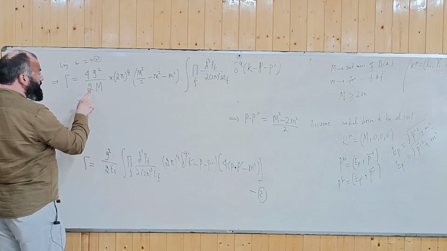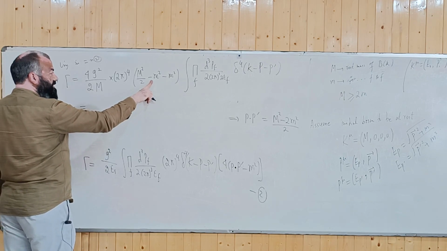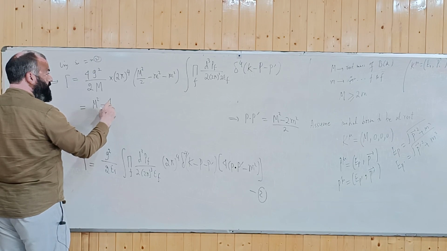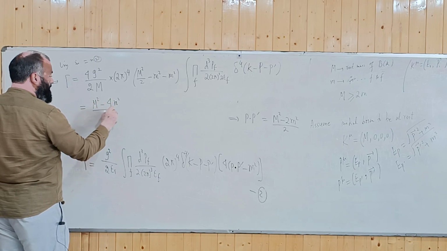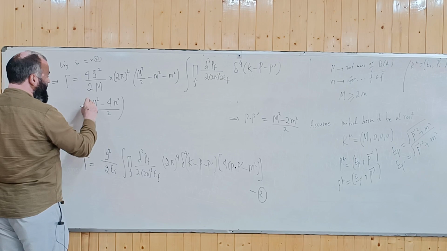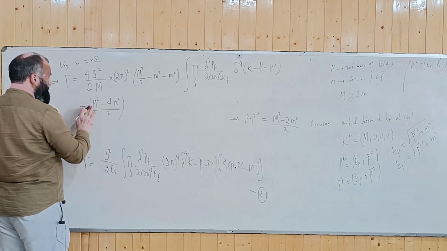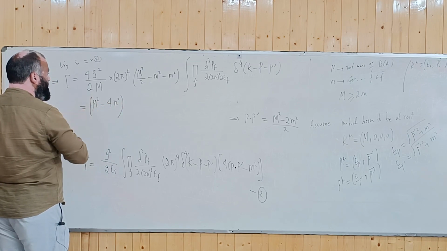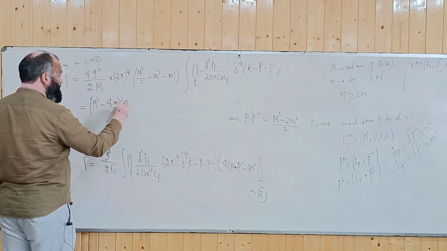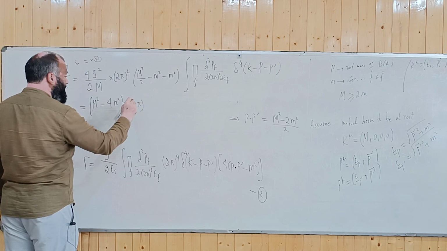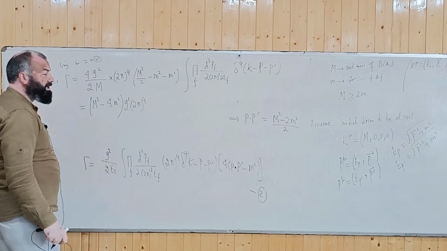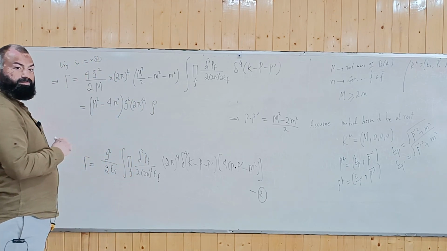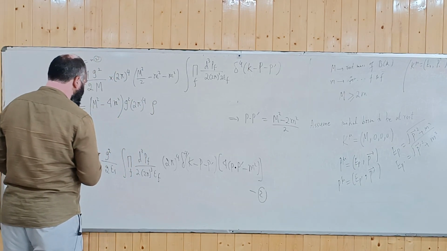So now it's M square minus 4m square divided by 2, multiplied by g square and 2 pi raised to 4. Let me write the other integral as rho. So rho is our other integral.